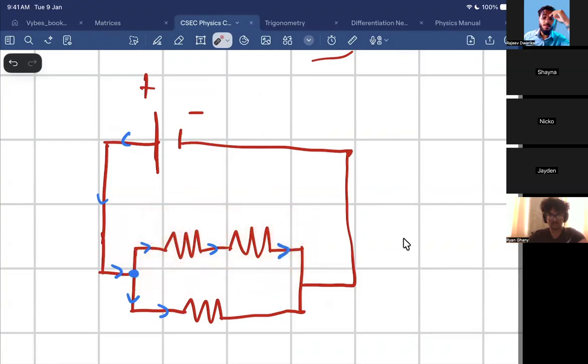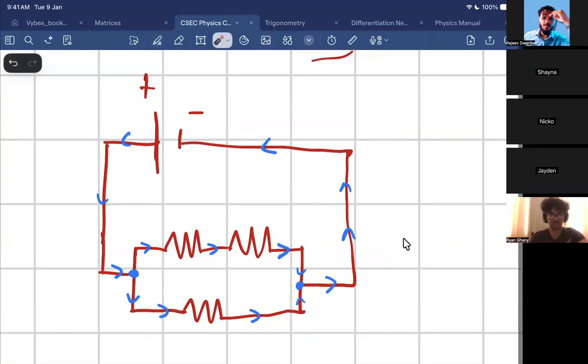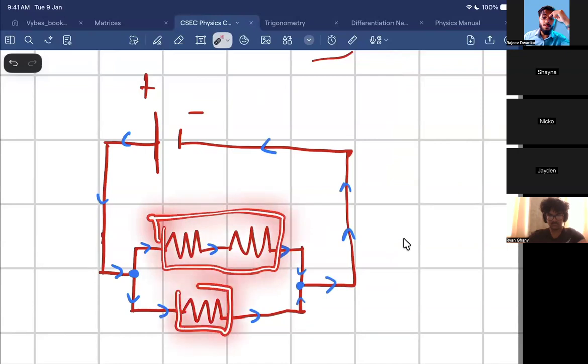Right. So this is actually a case where we have a series and a parallel. These two resistors on top are what together? Series. And these two resistors and this one, they are what together?